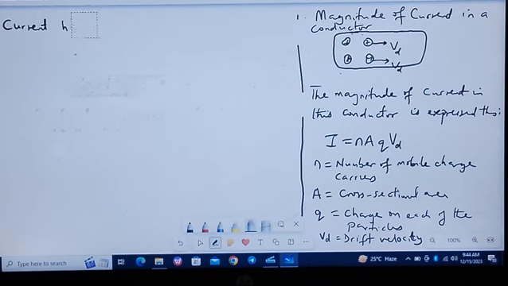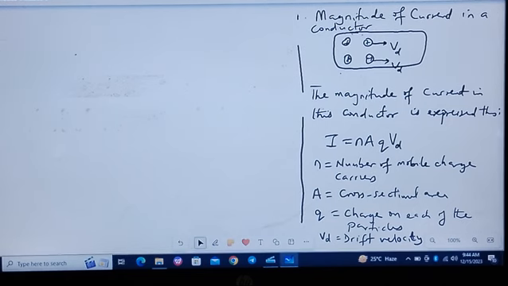So in that respect, we can rewrite the equation for the magnitude of current in a conductor as I is equal to N A E V D. E is the same thing as Q, which is equal to charge. So either way, you can find the magnitude of current in a conductor with that formula.